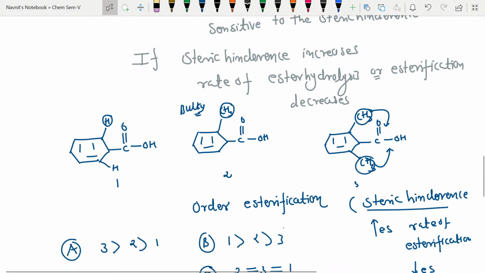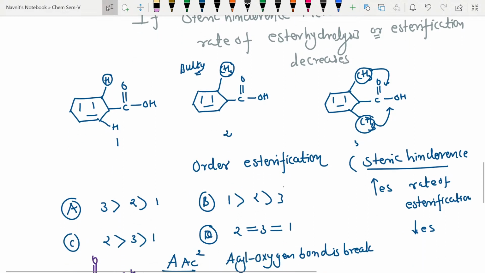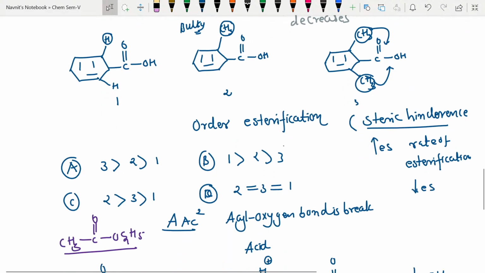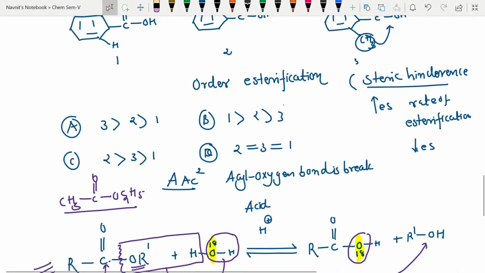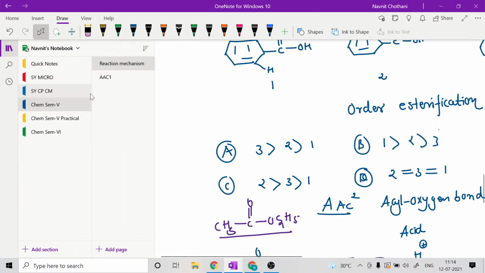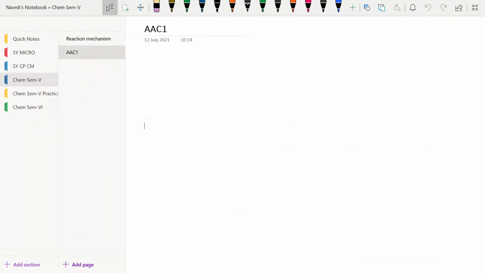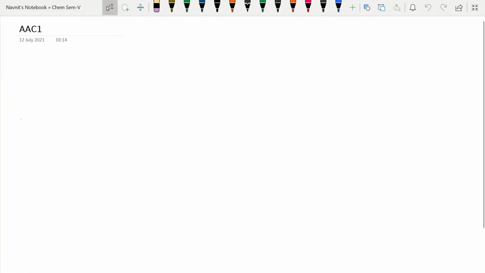So if I increase the steric bulk in the ester or even in the acid, the rates of ester hydrolysis and esterification both decrease, because the steric hindrance increases. We have discussed that in detail in the previous lecture. So in this class, we are going to discuss another mechanism, that is AAC1. Till now any confusion?